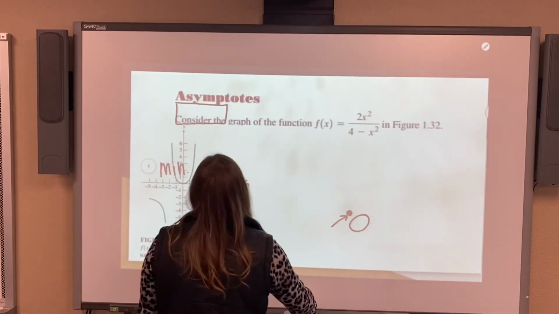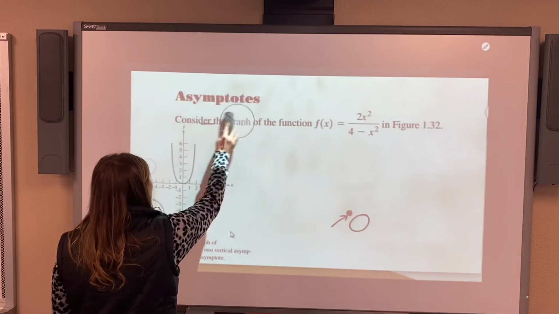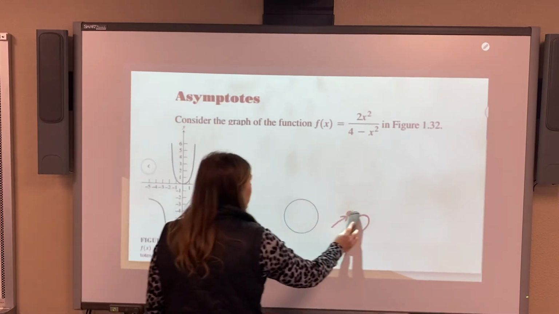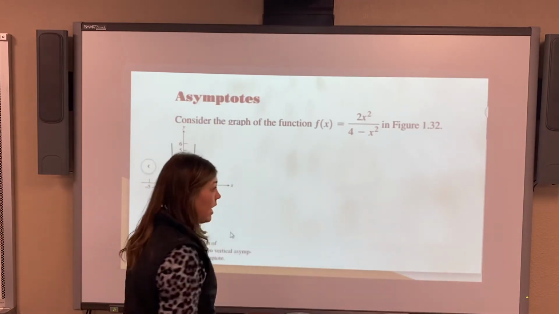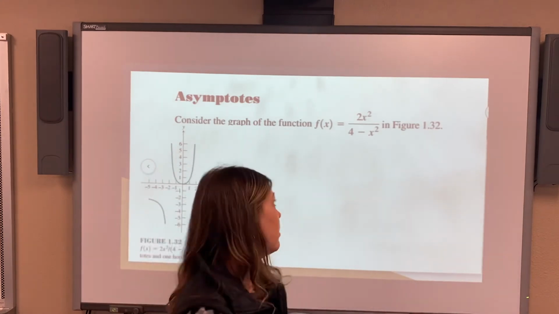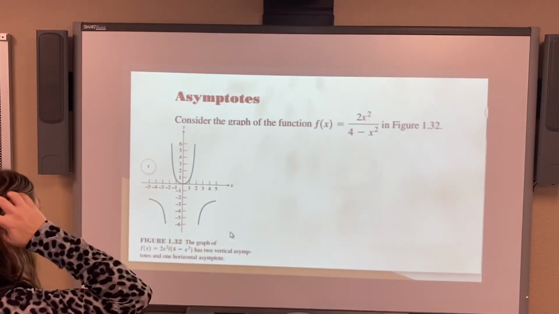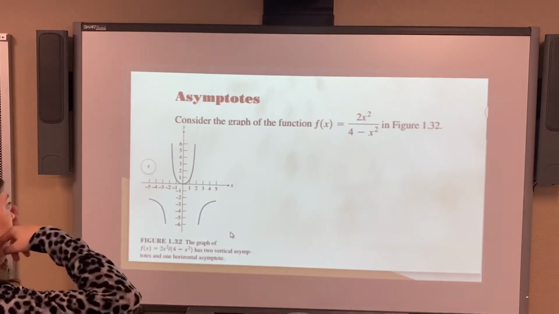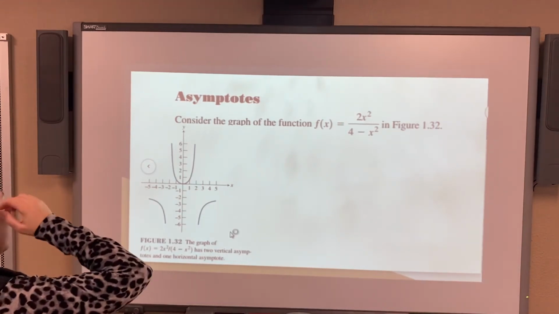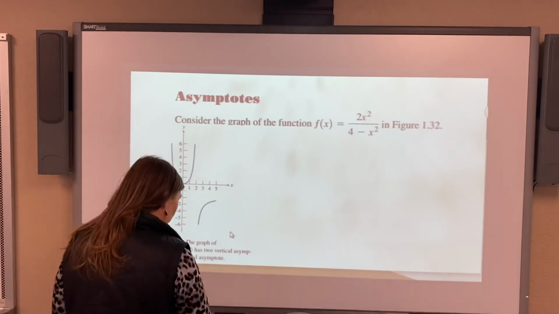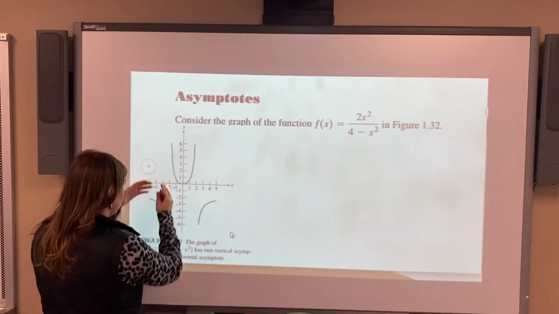Okay, so asymptotes. I've already talked about asymptotes a little bit, but let's figure out some more about finding asymptotes. Consider the graph of the function f of x equals 2x squared over 4 minus x squared. Here we have 3 sections of our graph.